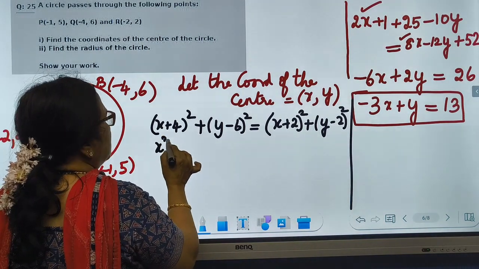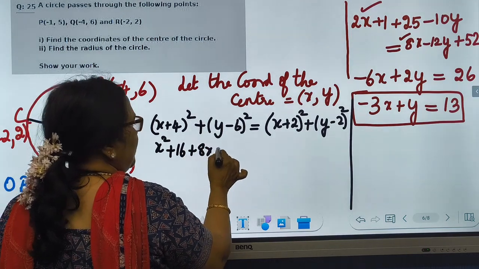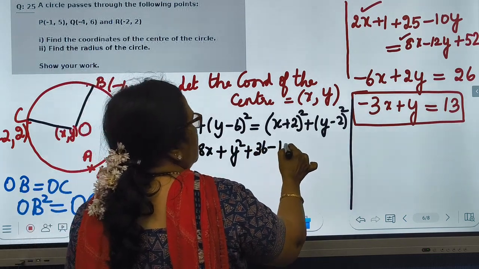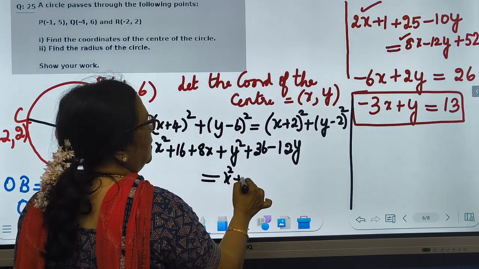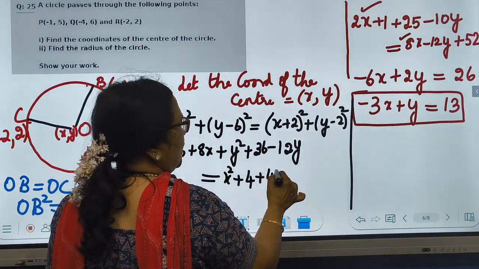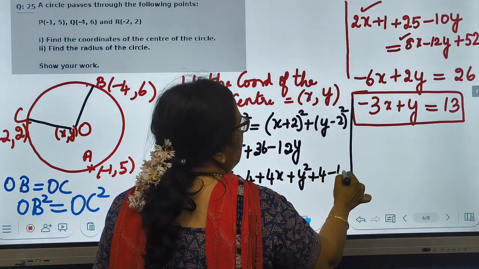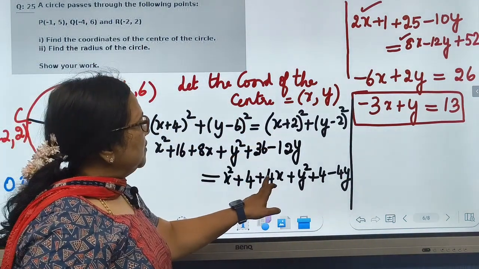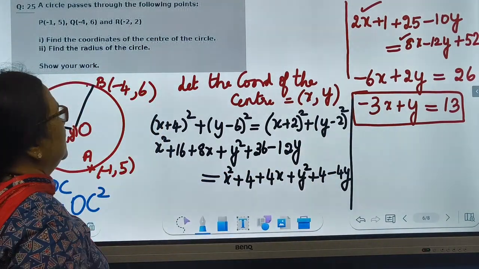If I simplify this, I will get x square plus 16 plus 8x plus y square plus 36 minus 12y is equal to x square plus 4 plus 4x plus y square plus 4 minus 4y.